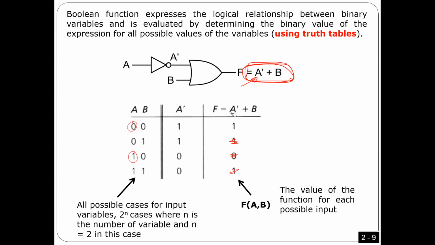Now let's do F. I want to get the value of F here. F is OR between B and A prime. So here I only want to look at these two columns, and make OR between them. I told you, in case of OR, I want to make it very quick: the only way to get a 0 is when both inputs are 0.